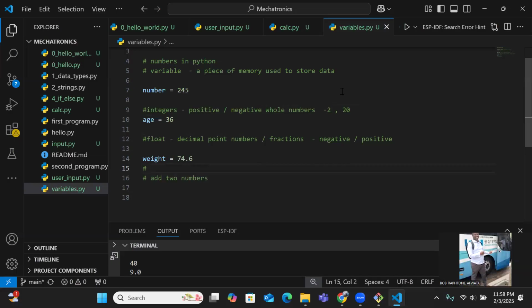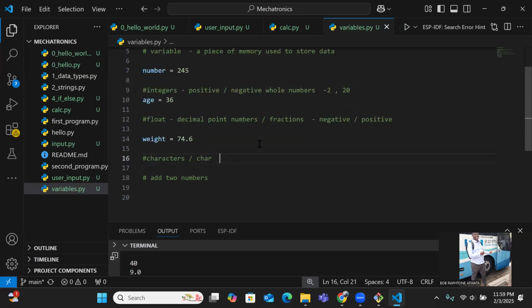Another type is characters, or you'll hear them called char. Characters or char in short form. Characters are what is called alphanumeric characters.